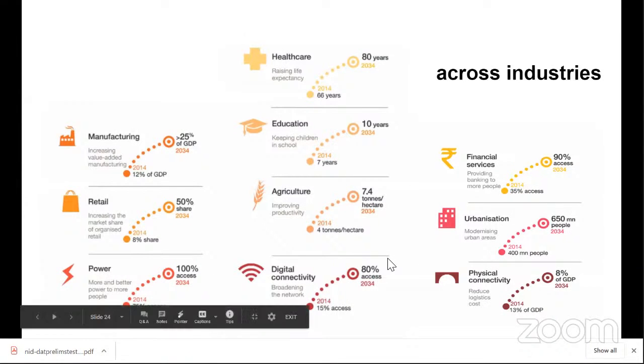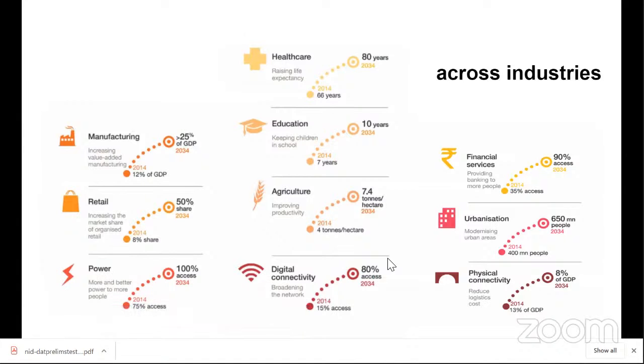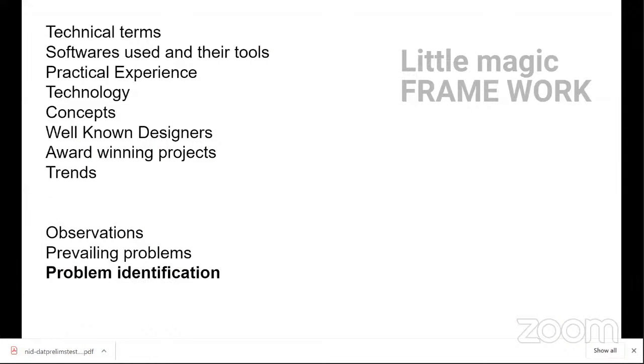So it becomes very interesting, and you can start enjoying the process of exploring and equipping yourself to become a very strong design aspirant. So that's how you have to prepare yourself.